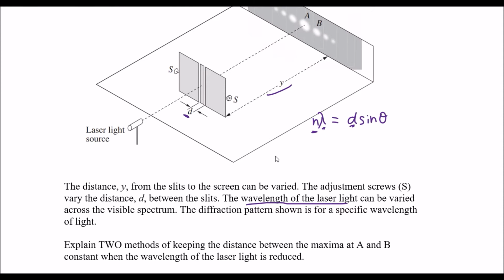There's another equation. This one is what we call one of the hidden formulas, and you can work it out this way. So we can write it as n lambda equals d x over L. Now this x here represents the distance between one maxima and the next maxima, or one minima and the next minima.